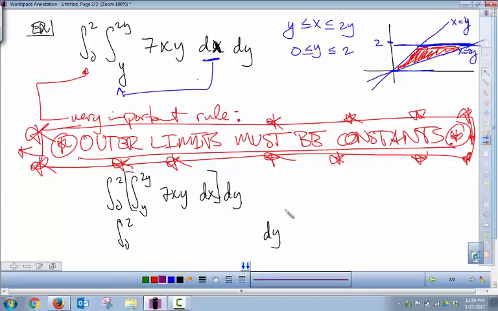So I might need more space. The integral of 7xy with respect to x, so the x is going to be up to a power and divide by 2. So this is 7x squared over 2 times y. We're going to evaluate x from y to 2y.